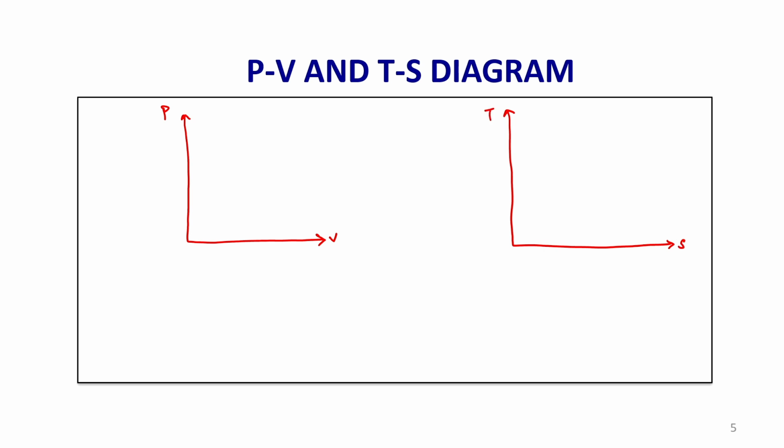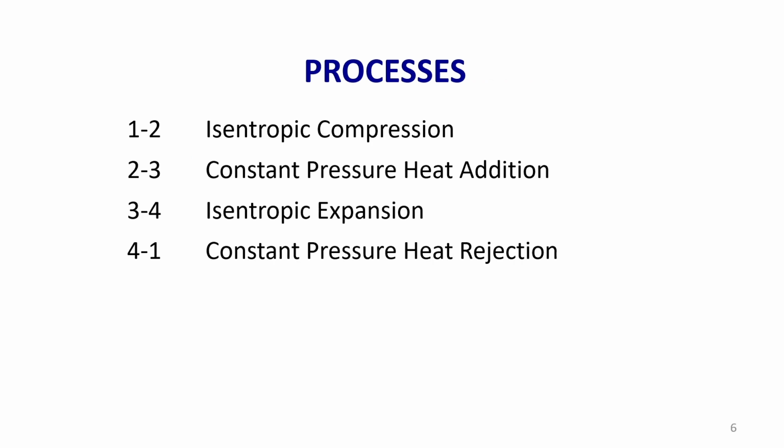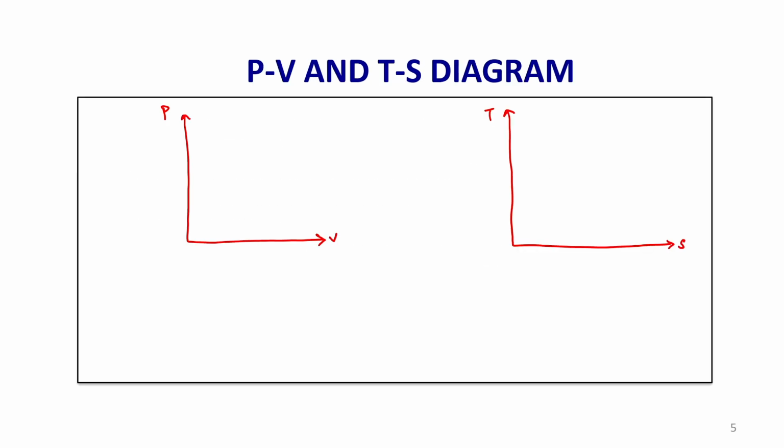Okay. So, process 1 to 2 is isentropic compression. It is a vertical line on a TS diagram, 1 to 2, where entropy at 1 is equal to entropy at 2, and temperature at 2 is greater than at 1, T2 is greater than T1.